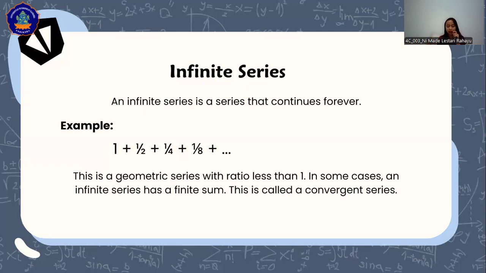In general, a sequence is a list of numbers, while a series is the sum of those numbers, where an arithmetic sequence involves addition and a geometric sequence involves multiplication.